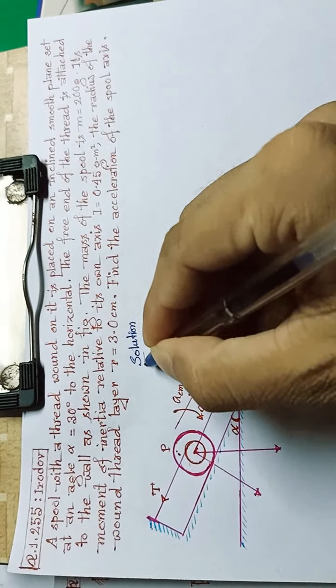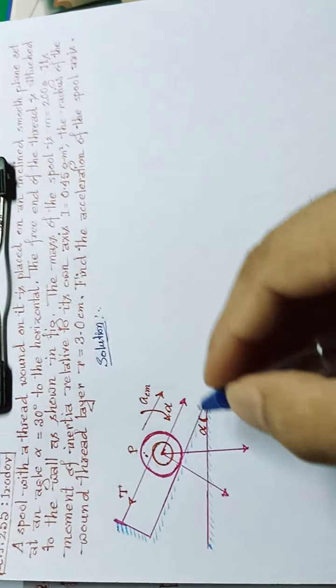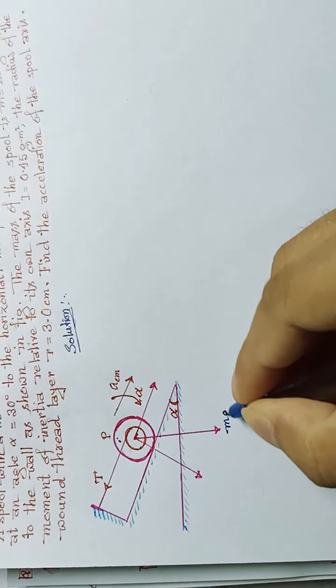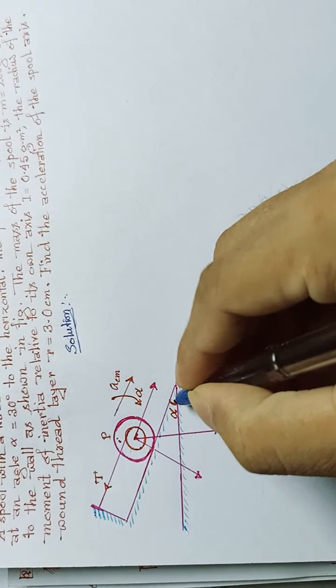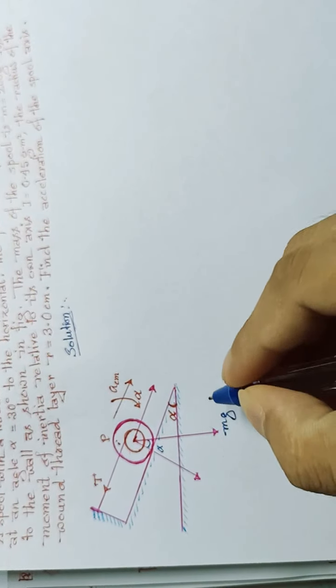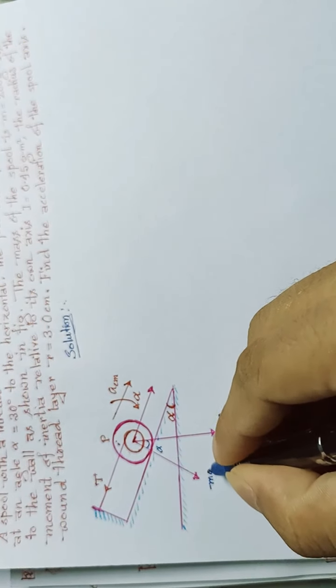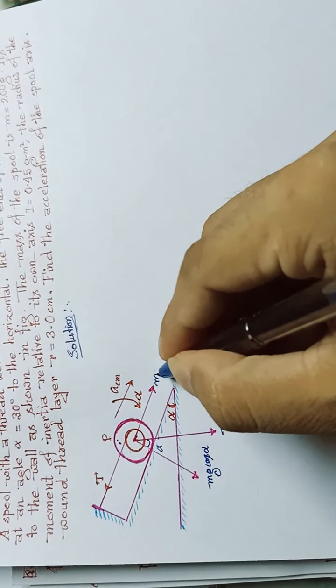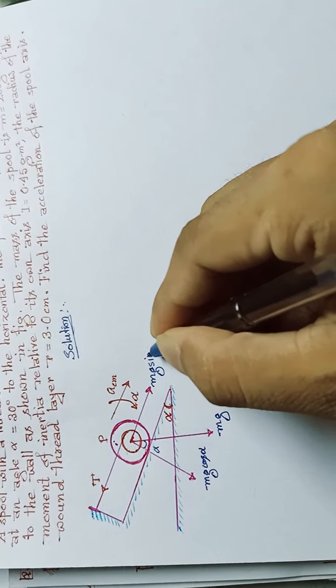From the given diagram, the weight force mg will act downward. As this angle is alpha, this angle must also be alpha. So the component of mg, mg cos alpha, acts in this direction, and mg sin alpha will act in this direction.